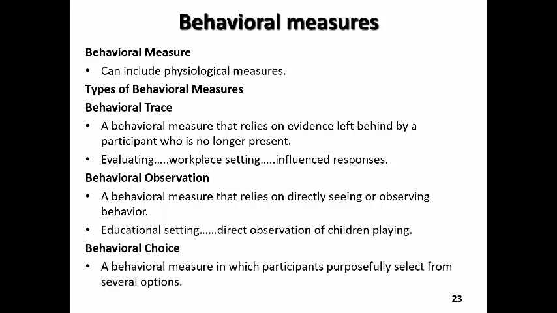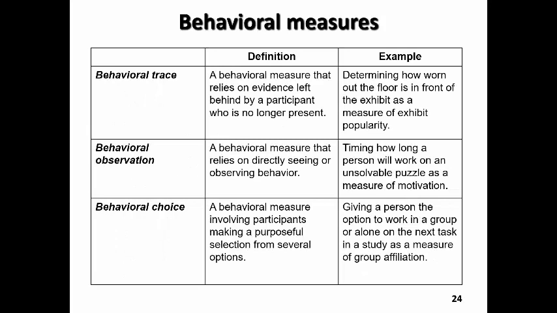And behavioral choice is one in which, as the term suggests, participants will make a purposeful selection from a number of options. And so this table here, I won't go through all the different elements in this table, but this is a good table to review that summarizes the three main types of behavioral measures: behavioral trace, where that measure has been left behind by a participant that's no longer present, behavioral observation and behavioral choice.